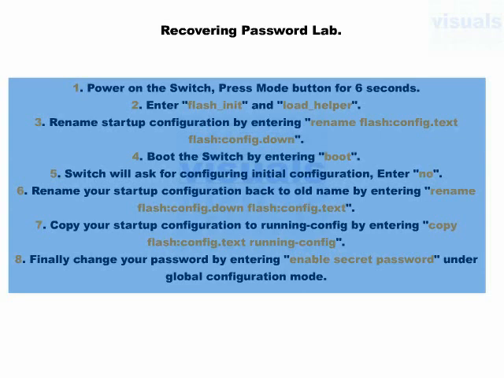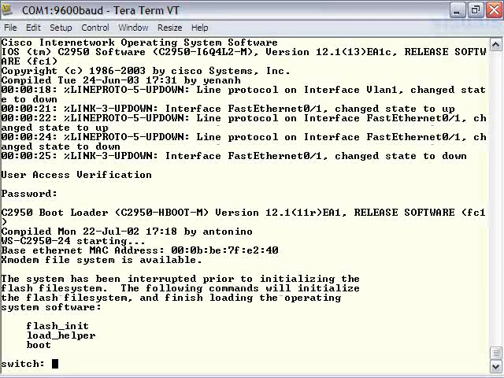So let's go to the terminal emulator of my switch and let me perform this power on and pressing the mode button for 6 seconds. Okay, I performed both steps. I powered on my switch and pressed the mode button on the front of my switch for 6 seconds and it brings up this prompt, as you can see.